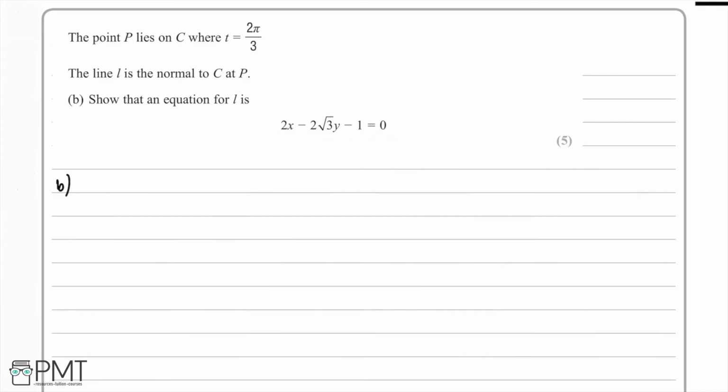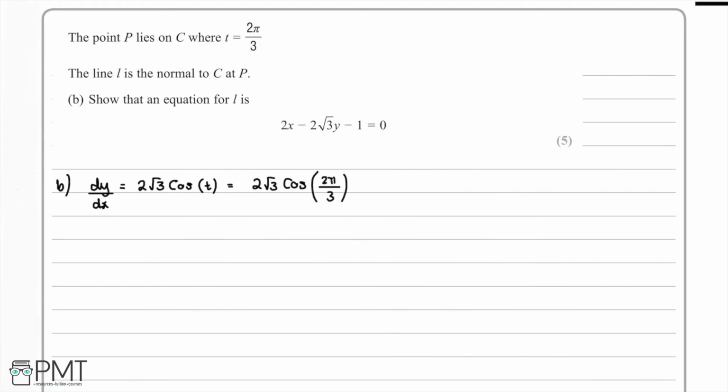To begin, we recall that the gradient, dy by dx, will be given by our answer to part A, which was 2 root 3 cos of t. Now if we substitute in t being equal to 2 pi over 3, we'll have 2 root 3 cos of 2 pi over 3.